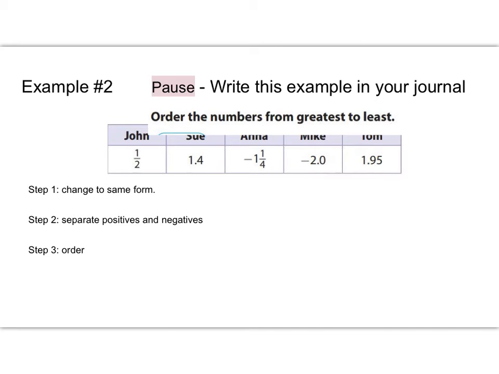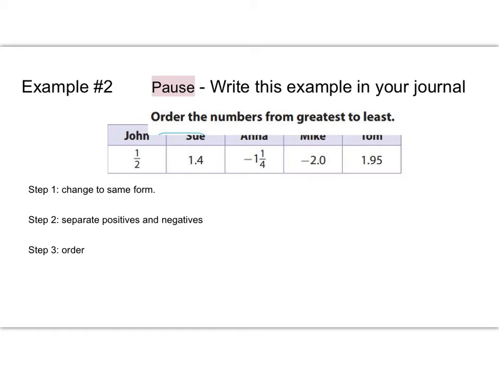Example 2, I want you to pause the video and write this information in your journal. Alright, so if you're looking at your rational numbers presented, you'll notice you have negatives and positives. So this time you're definitely going to do a T-chart and separate those. And then I think I'm going to go with a fraction. Nope, not a fraction. Let's go with the decimal representation.